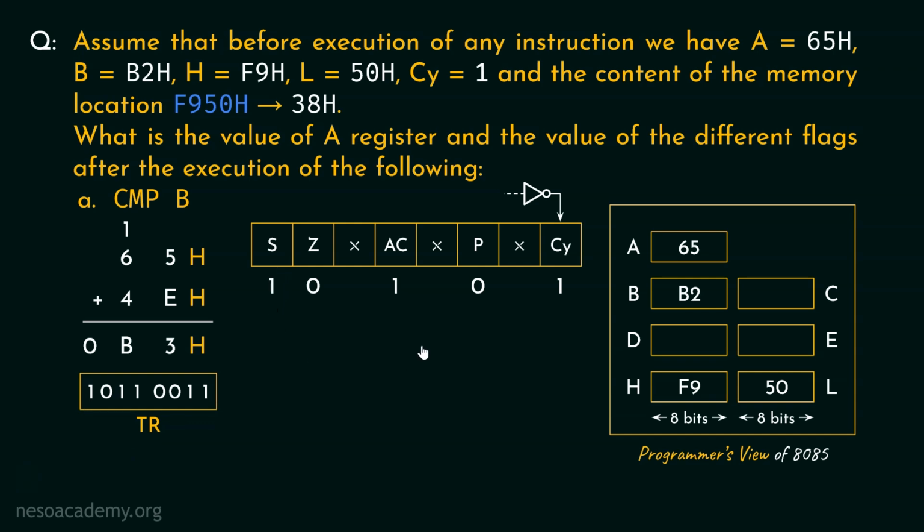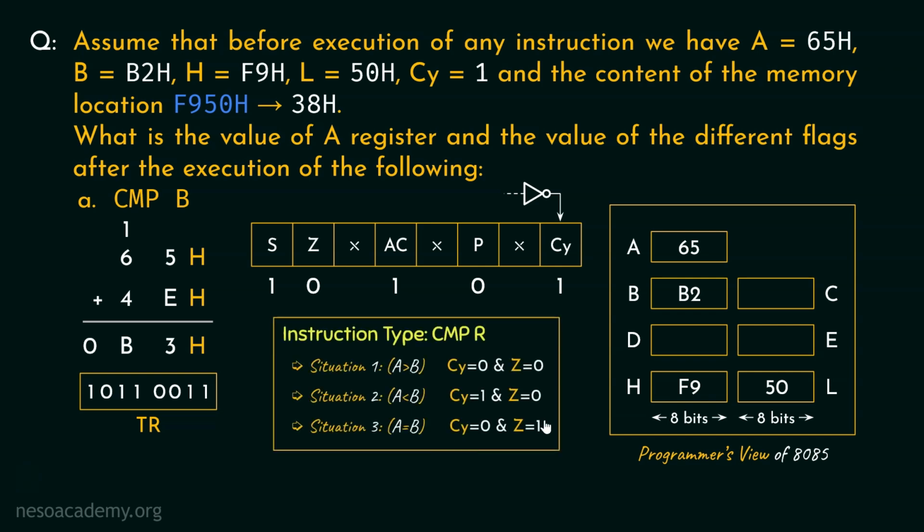Now notice, we the humans, looking at the values 65 and B2, can directly say that the value within the B register is greater than the value of the accumulator. But the microprocessor doesn't know that, right? And for that, it will use the status of the flags.